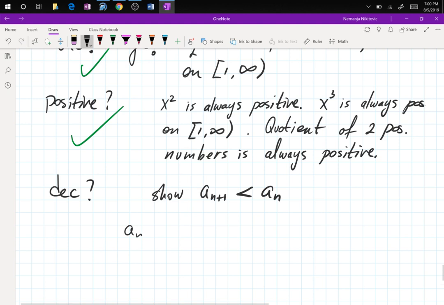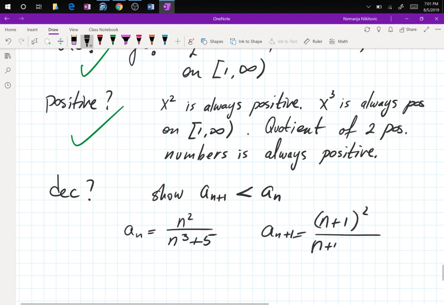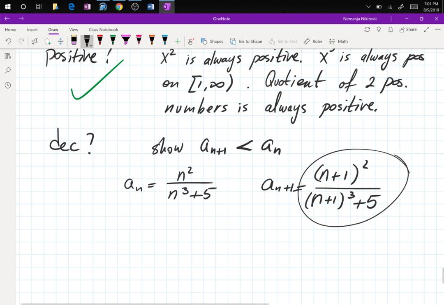So I have my a_n as n squared divided by n cubed plus 5. My a_(n+1) is going to be (n plus 1) squared divided by (n plus 1) cubed plus 5. And I need to show that this is always smaller.